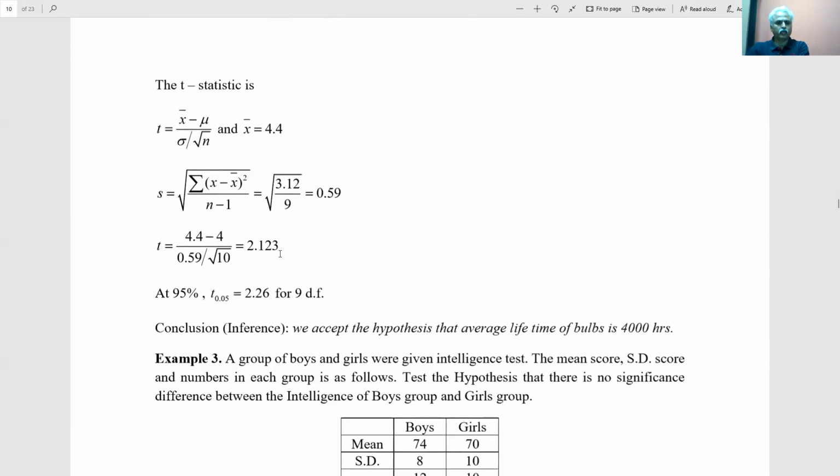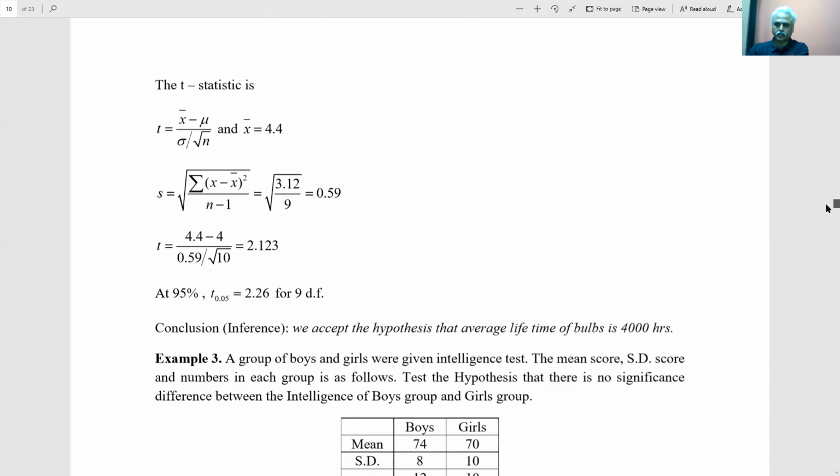Now, how do we test this 2.123, and which term should it be compared with? For 95% confidence, we have one more table known as the T distribution table. 95% confidence means 0.05 level of significance; both mean the same. For 9 degrees of freedom, because there are 10 samples, 10 minus 1 means 9 degrees of freedom. How does this 2.26 come? Let us see.